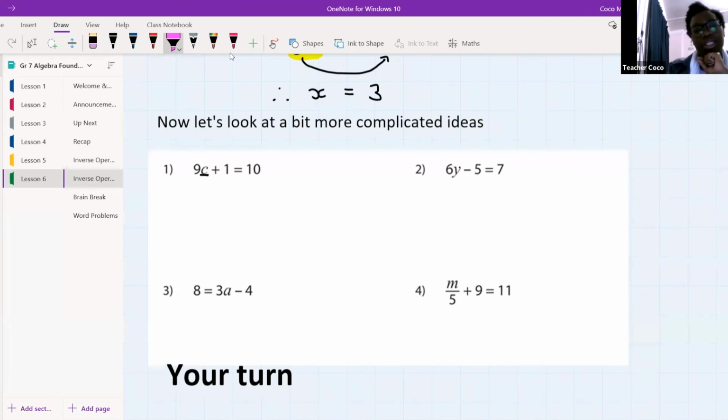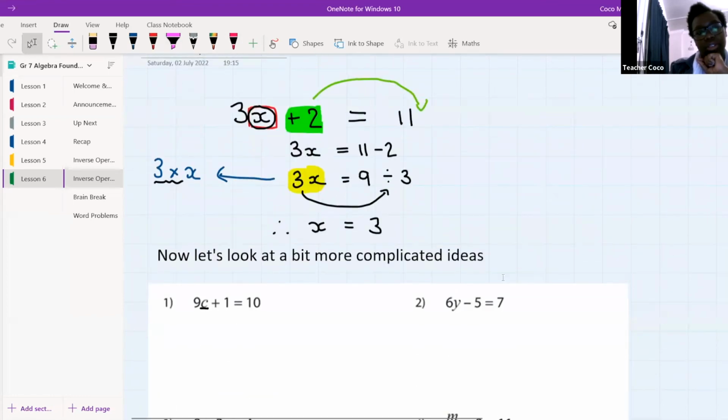Okay, ma'am. Then, ma'am, can you please roll the screen up a bit so I can see your method? Okay, so first we are getting 9C by its own. We're moving 9 to the back, and then what are we going to do first?